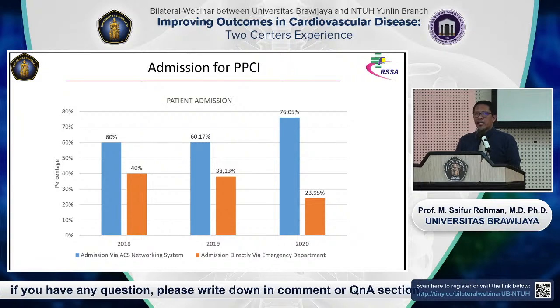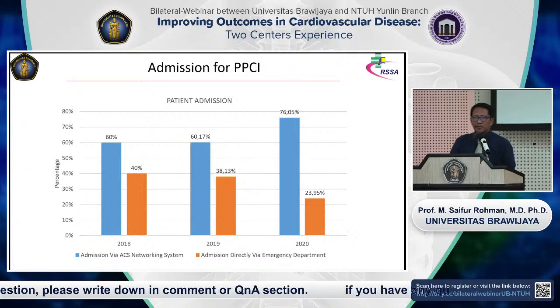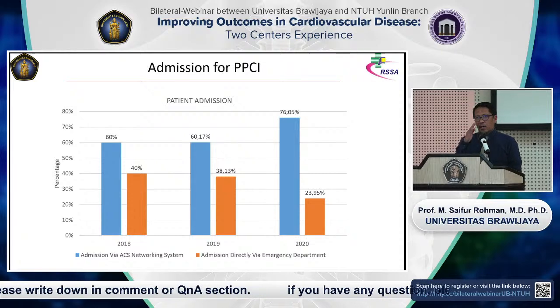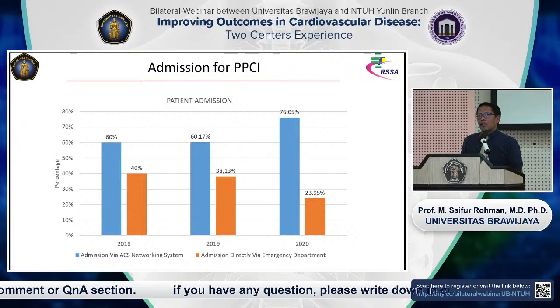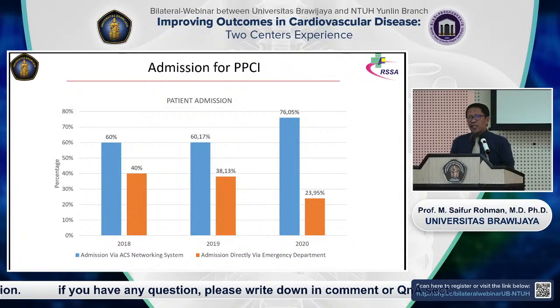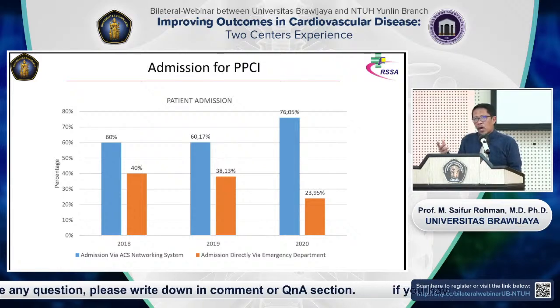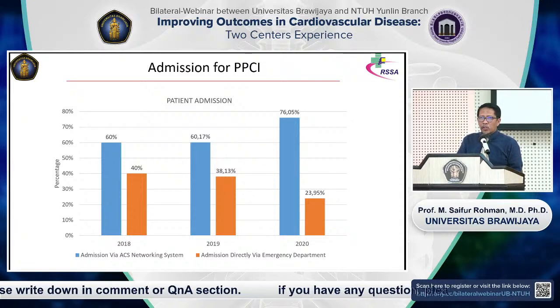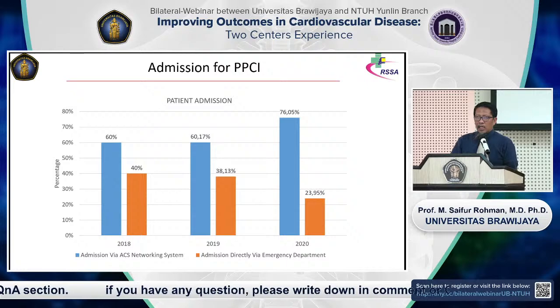This is the summary data of our primary PCI. According to this data, most of our patients come from our network, instead of other patients who wish to come to our hospital, and by 2020 the referral patients achieved 76%.